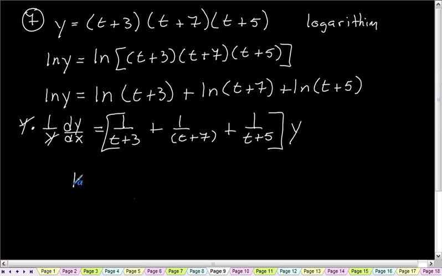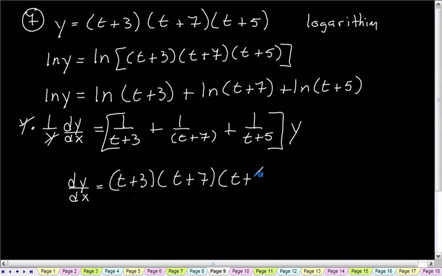So our dy/dx is equal to y, which was times t plus 7 times t plus 5. Remember that's what it would be.